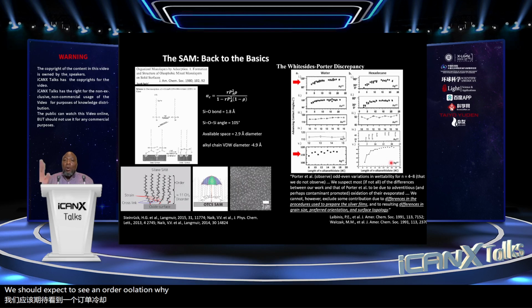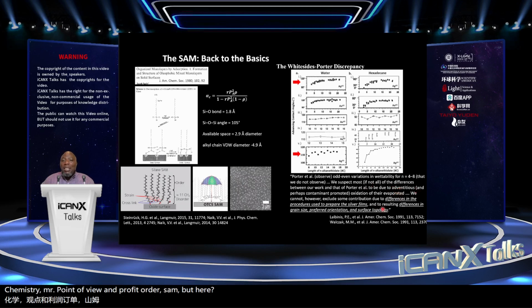Why? Because the bond angle between the even and odd numbered carbons should be oscillating. It should be putting that terminal CH3 in a different direction. So the odd-even effect is to be expected from a pure chemistry point of view and a perfectly ordered SAM.